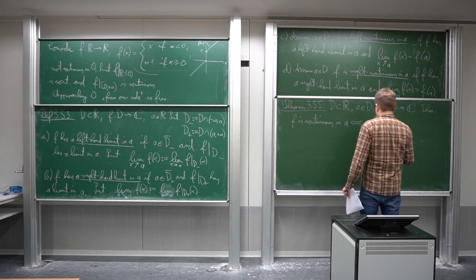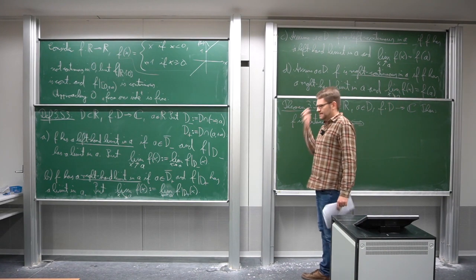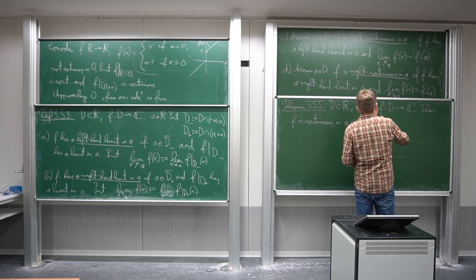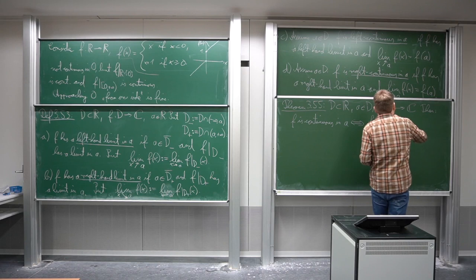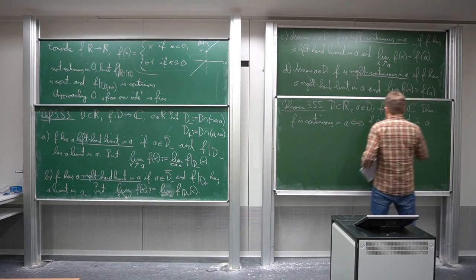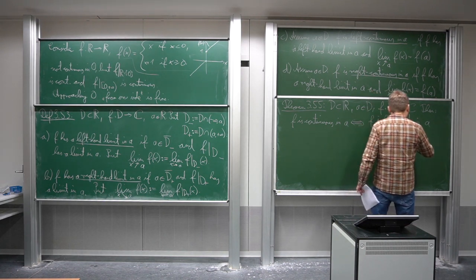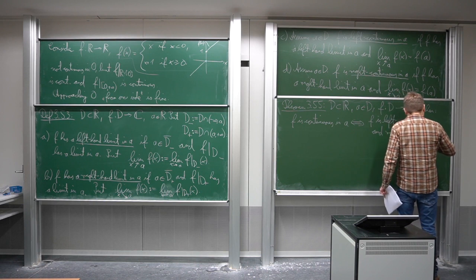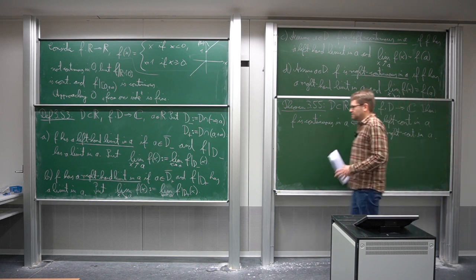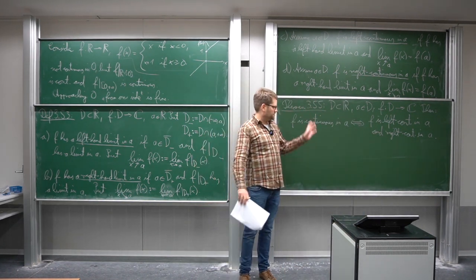The proof is a bit technical, but if you see how the left-hand limits and right-hand limits are defined, it's intuitively clear, though the details need to be checked. It's a bit tedious to write down, but it's not very hard. So it's left continuous in A and right continuous in A. This is especially useful if you have case-wise defined functions, or functions that on some interval are defined by one thing.